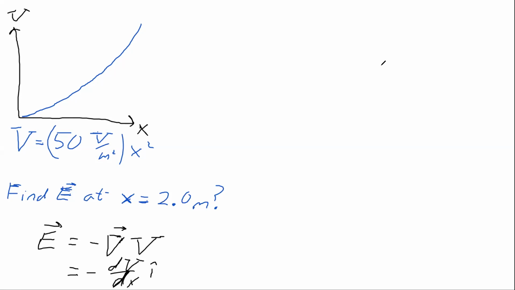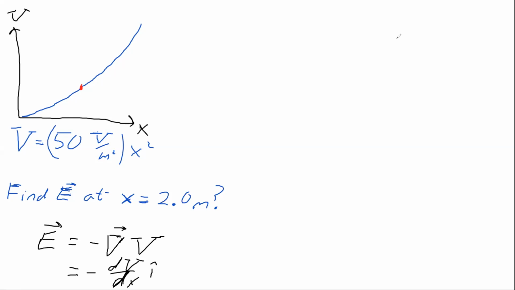Now what that means graphically is that we're just looking at the negative slope. You can see here, voltage has a positive slope no matter where. Say we're looking at this point right here, the red dot.